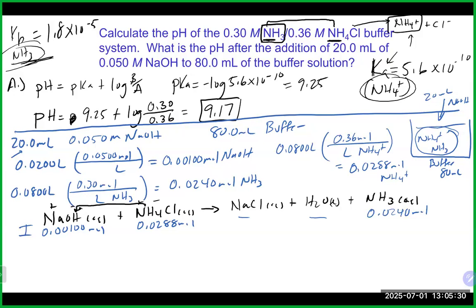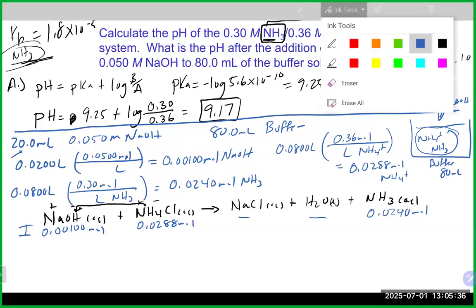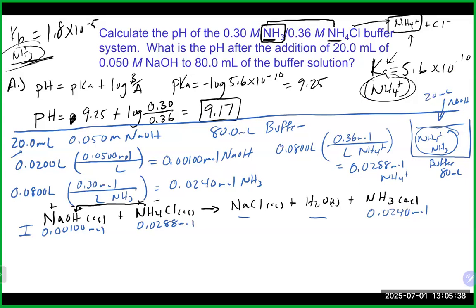Once again, if you forget the guy on the right, you did not do a buffer problem, right? The change here should be what we're adding. And remember, always it's the smallest number. Even if your head tells you it's not the smallest number, it is the smallest number. That's the one to choose. So we're going to go minus 0.001 all the way across, and then obviously plus on this side.